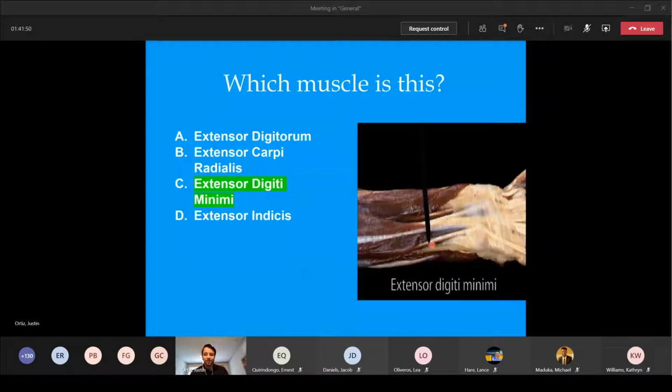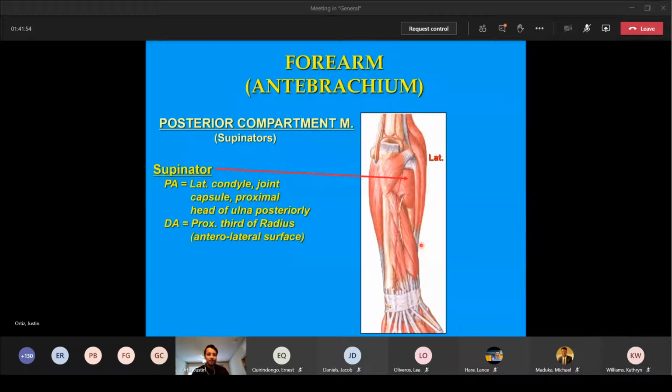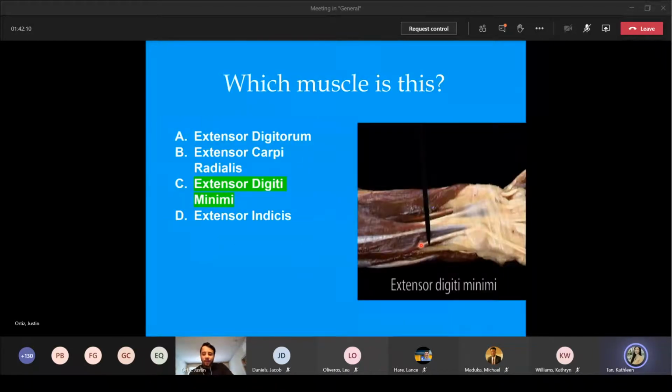Okay, so that was going to be the extensor digiti minimi. Yep, good job. I have a question about the exam. For any of the cadaver pics, is it just going to be identify it, or can he second-hand question it as well? He can say, what is this muscle and what's its innervation?